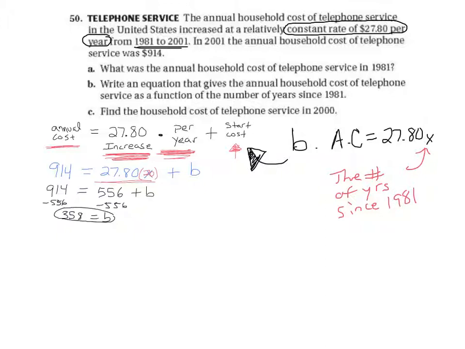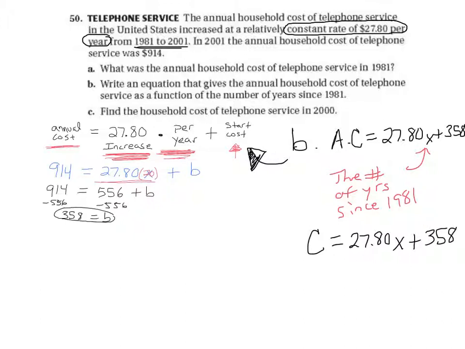And now we have the number that we found to be the initial startup cost of $358. Of course, to put it more simply, we can use a single variable c, where the cost is equal to $27.80 times x, the number of years since 1981, plus 358.